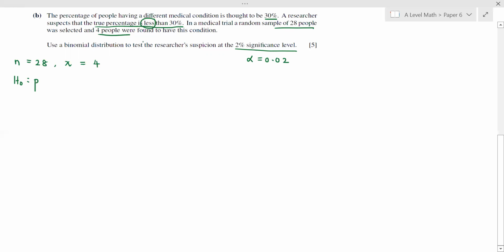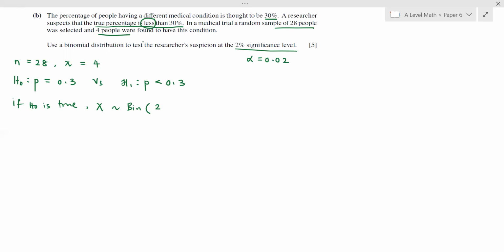So the null hypothesis states that P is 0.3 against the alternative that P, because of the words less than, must be less than 0.3. If the null hypothesis is true, and we always assume that the null is true, then X follows a binomial distribution with N equals 28 and P equals 0.3.